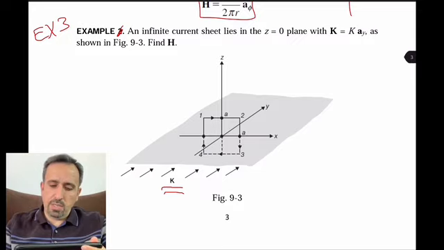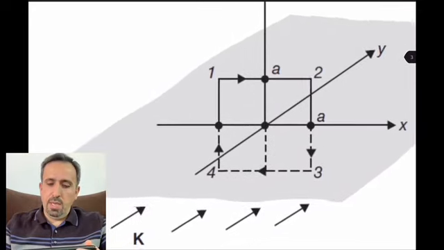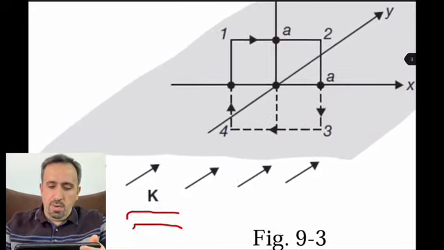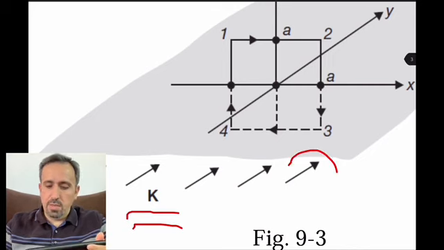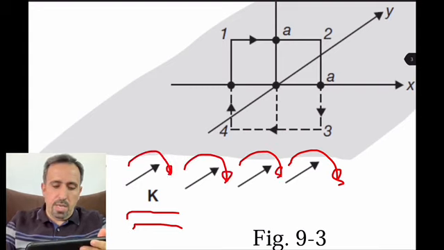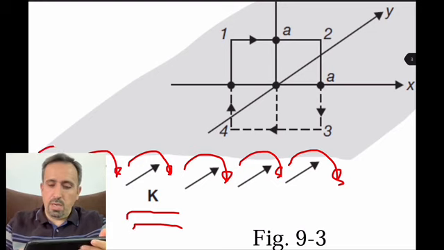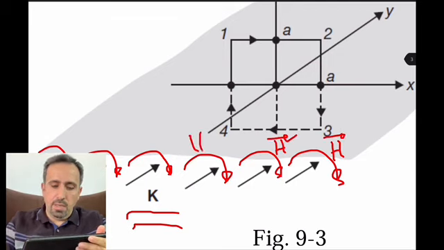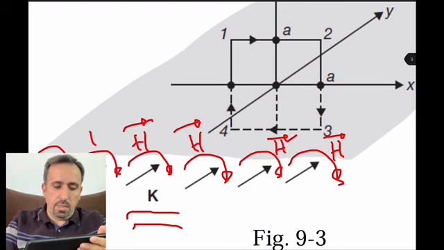So if I zoom in, imagine you will have certain loops or rings representing the magnetic field around each of these plotted lines. So these are the magnetic field if we plot it like that.